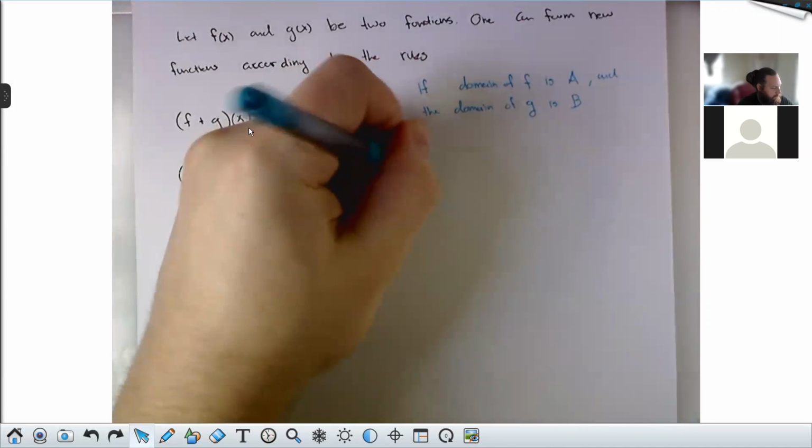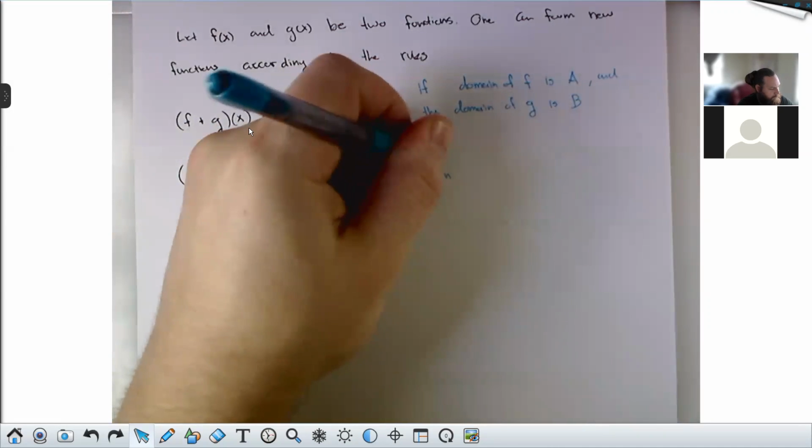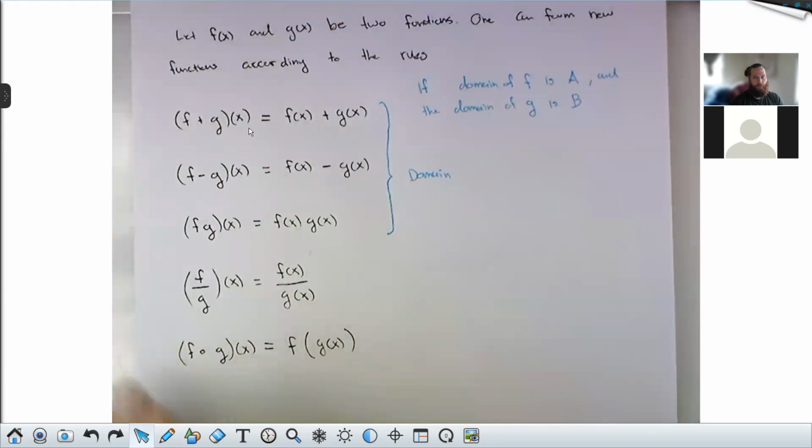The domain of each of these, actually, instead of me just telling you, let's see if we can think through it together. Imagine you have some number x and you want to plug it into this first function. What must be true about x regarding the domain of f and the domain of g? So if I want to plug some number in here, where must that number be coming from in terms of domains?